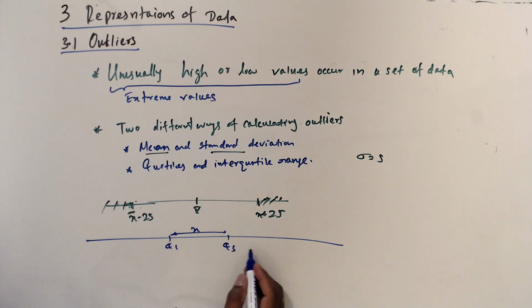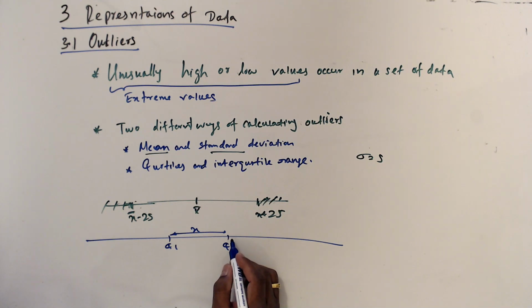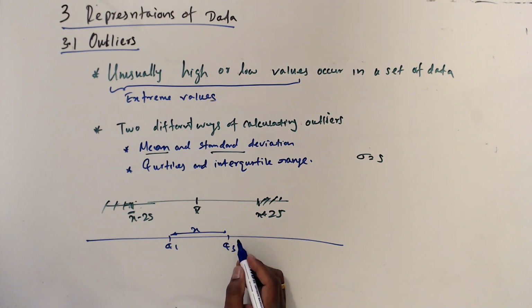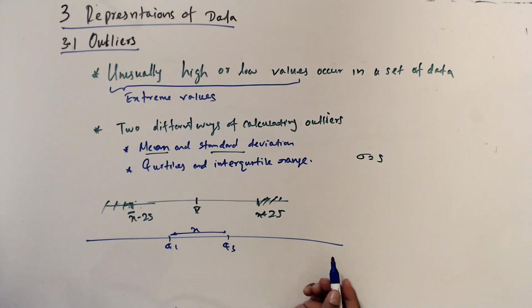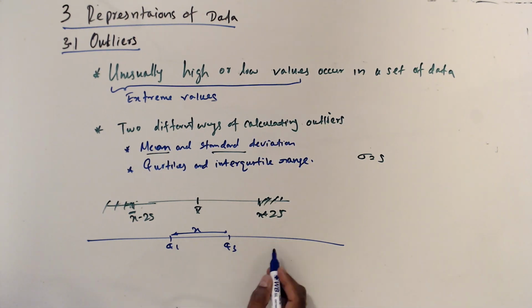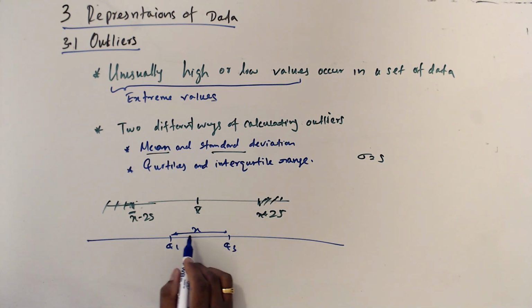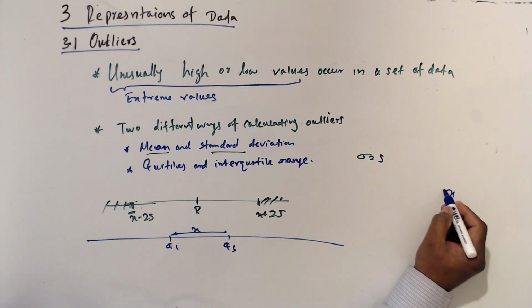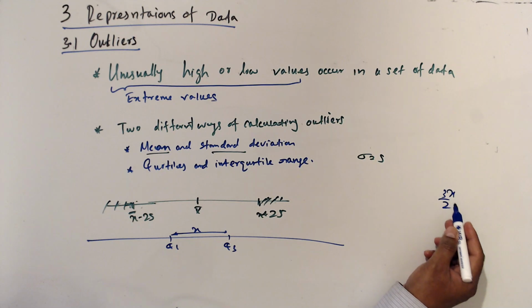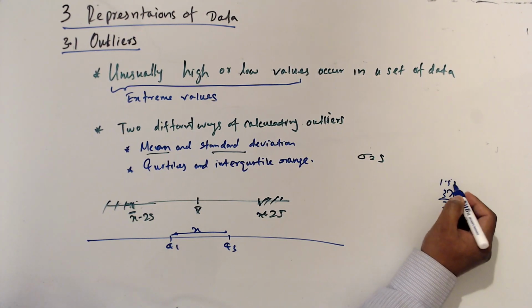Then an outlier is at least 1.5 times the interquartile range beyond the nearest quartile.